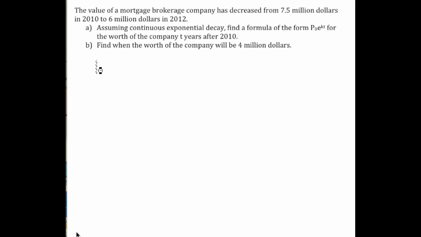So remember, we have a formula, and now we know that we're supposed to have a worth of 4. A nice thing to notice here: we are solving for t, because it says when. So we don't know what our t value is.